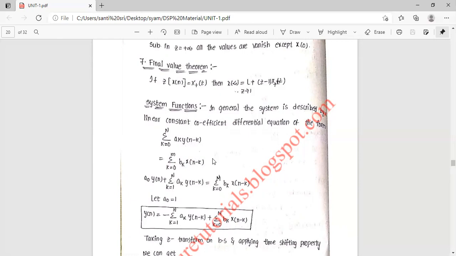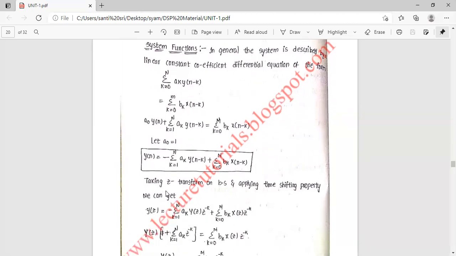If k is 0, then a naught into y of n plus sigma k equal to 1 to n ak into y of n minus k is equal to sigma k equal to 0 to m bk into x of n minus k. Let a naught be 1, then it will become y of n is equal to minus sigma k equal to 1 to n ak into y of n minus k plus sigma k equal to 0 to m bk into x of n minus k, right?